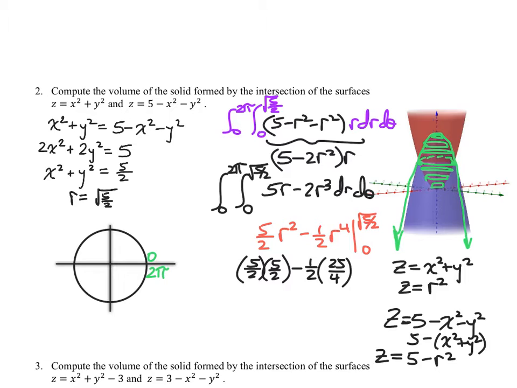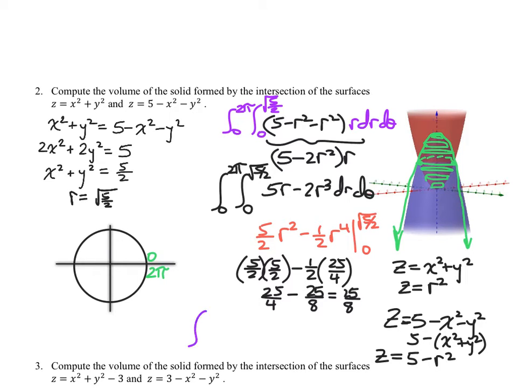Bottom line is, it's not radical anymore, so that's a win. So we're talking 25 over 4 minus 25 over 8, which is 25 over 8.